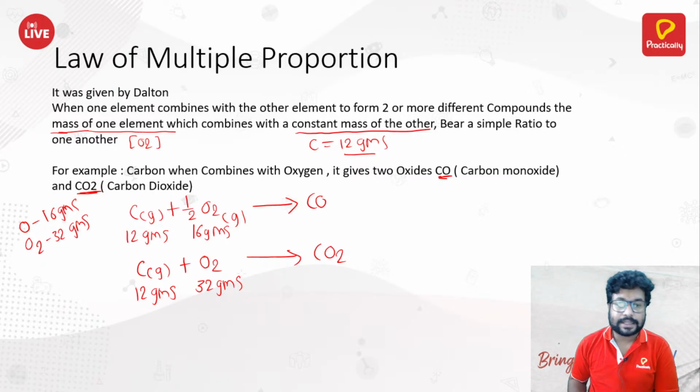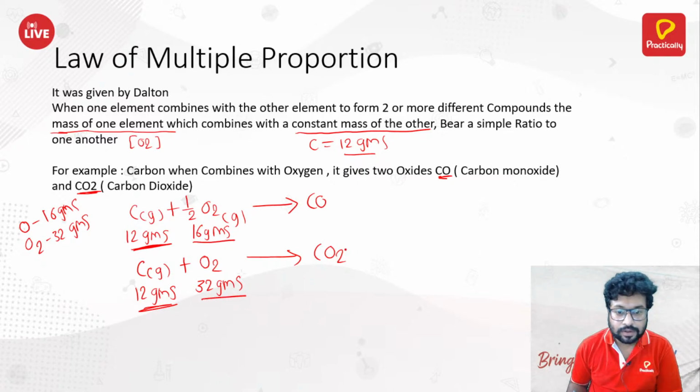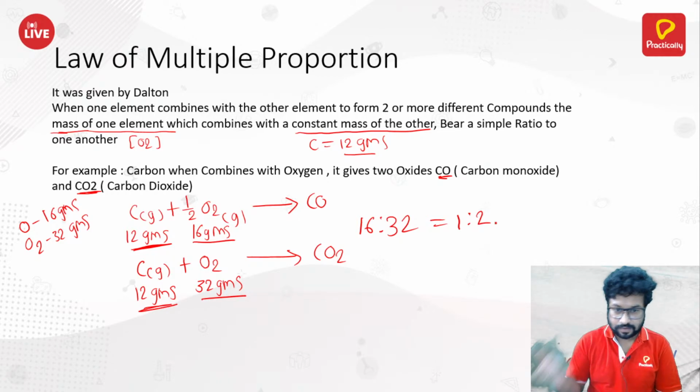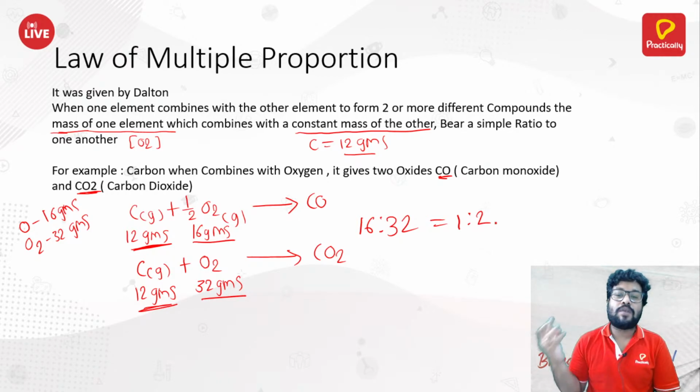What does this mean? Oxygen is the element which combines with the constant mass of the carbon here. So this mass is how much? 16, 32. So if you take them, 16 as to 32, that is equal to 1 as to 2. It's a simple whole ratio, 1 as to 2. Okay, that's what the law of multiple proportion is all about.